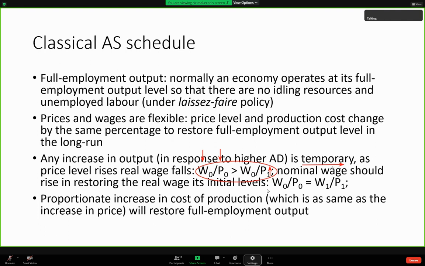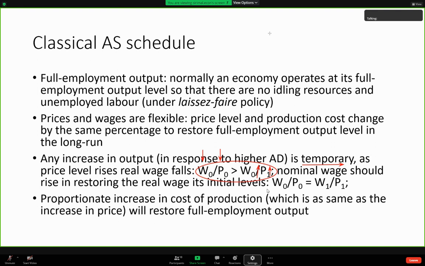Which means now in the long run, the nominal wages should rise, because if price P1 has gone up, the nominal wages should also rise in order to restore the initial equilibrium level.